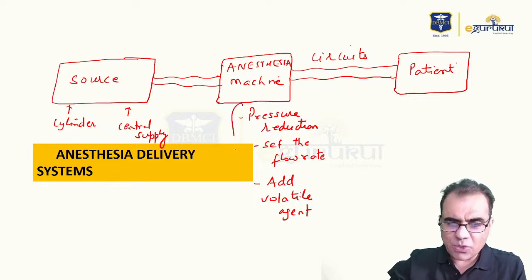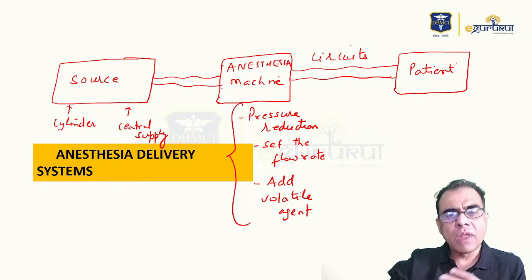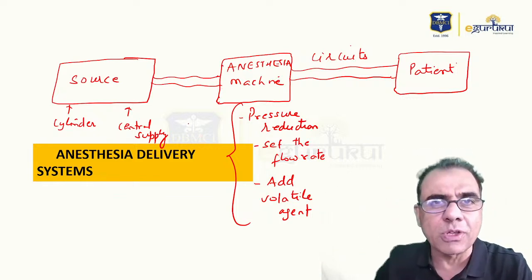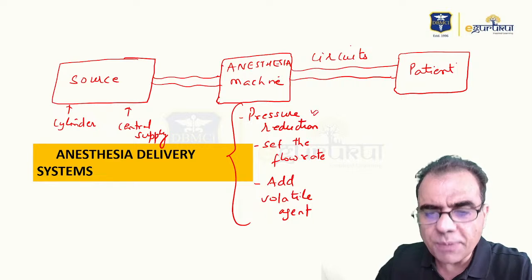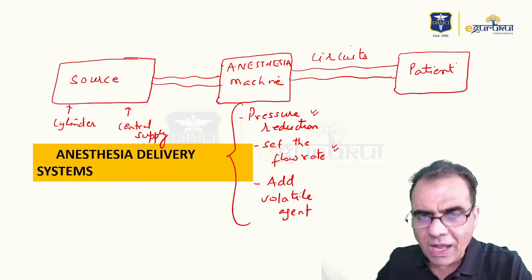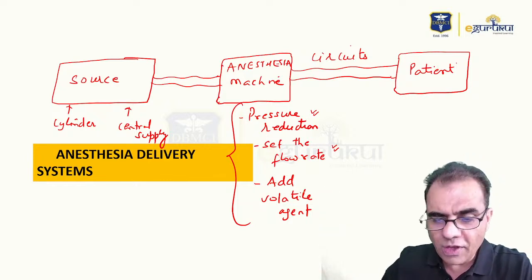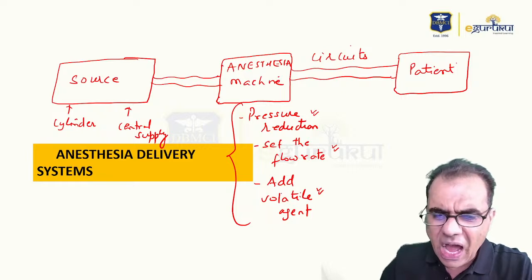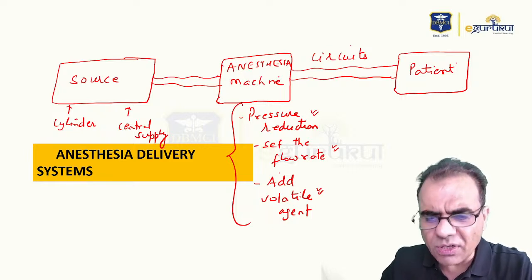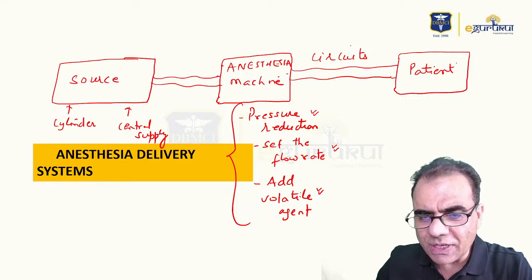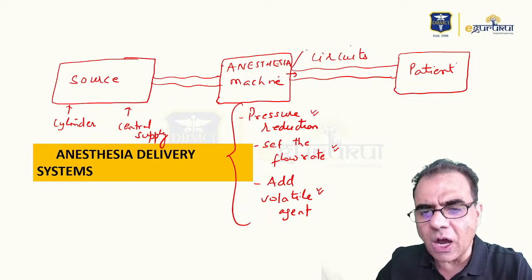So when gases reach the anesthesia machine, they undergo 3 processing steps. I told you it can be considered a processing unit. It reduces the pressure, you can set the flow rates, and you can add the volatile agent. After these 3 important processing steps, the gases come out of the anesthesia machine outlet.